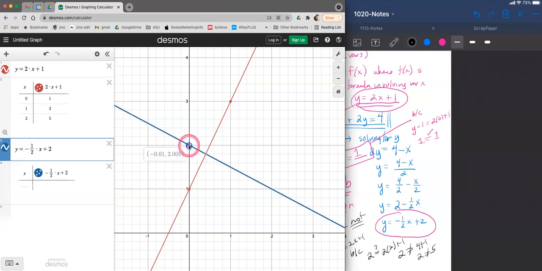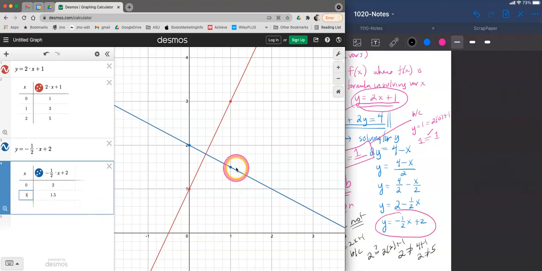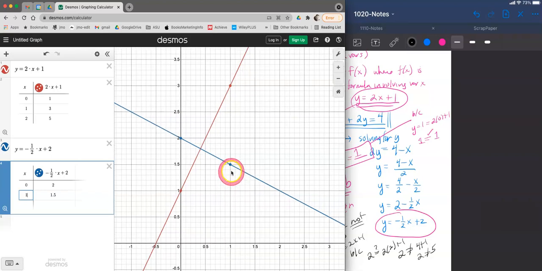We can see on the graph maybe (0, 2) should be a solution. The reason is that if you put 0 into the blue function, the y value comes out to be 0 plus 2, which is equal to 2. So there's a solution. And one can find other solutions like (1, 1.5). There's another solution to the equation.